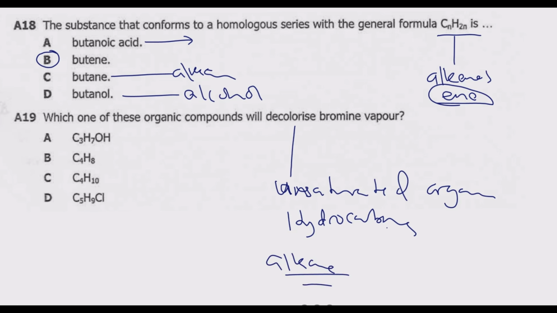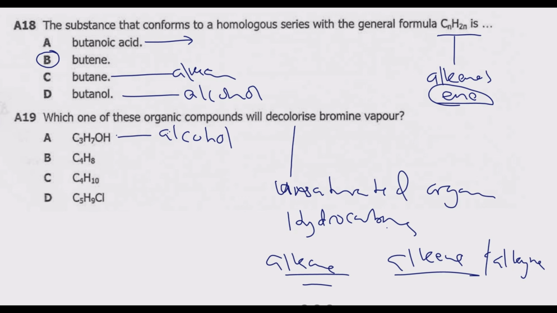So in this case we need to look for the alkene from the options, or alkyne. So what you notice here is this one basically is alcohol. So it's not correct. This one is basically the one that conforms to this general formula. So B is the correct answer.